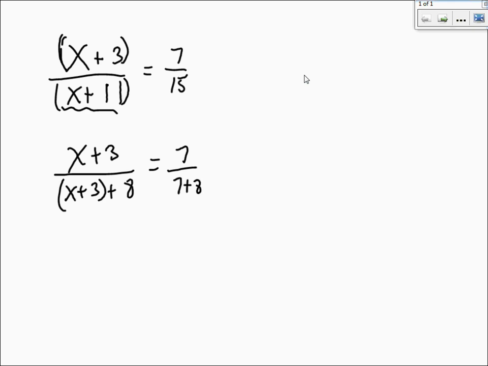It's 7 plus 8 in the bottom. That is, yes, absolutely, x plus 3 equals 7. Because if x plus 3 is 7, then the bottom is 7 plus 8, which is 15. So you can just solve x plus 3 equals 7 and conclude x is 4.